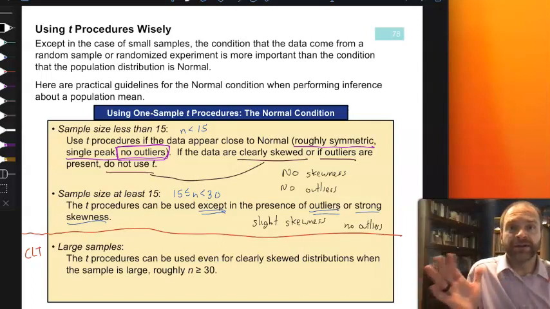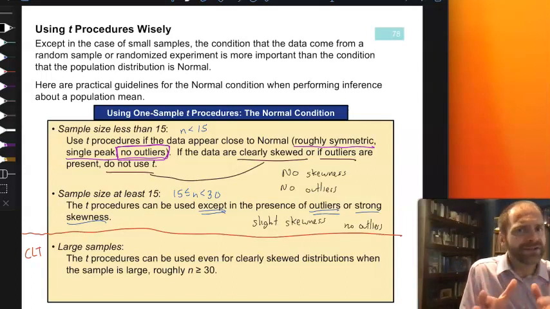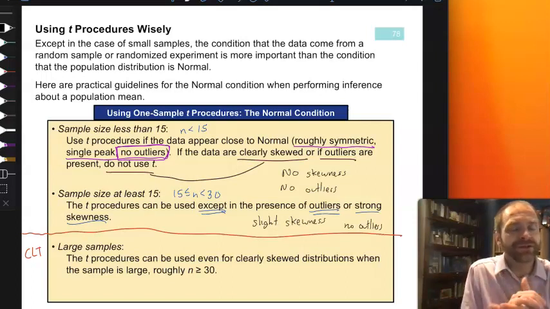Okay, good, I have no outliers, so now I have to figure out, if it's between 15 and 30 for the sample size, is it symmetric or slightly skewed? Because if so, good news. If it's less than 15, is it symmetric? Does it look like it's going to be just perfectly symmetric for us with no skewness at all? Do we have, when we're looking at the normal probability plot, a linear pattern? So that's kind of what you're going through in this case.